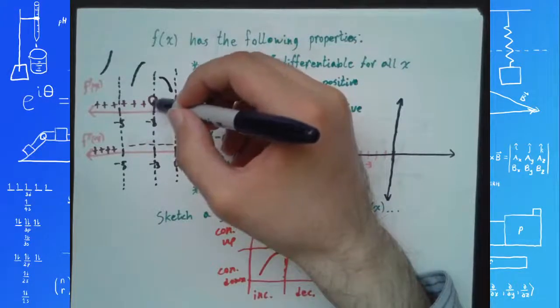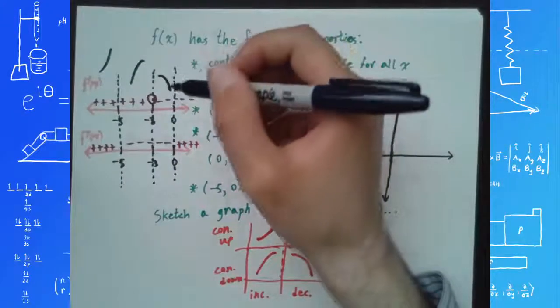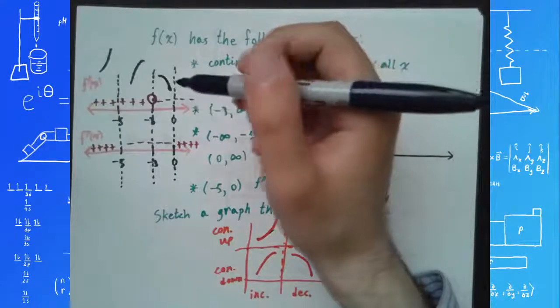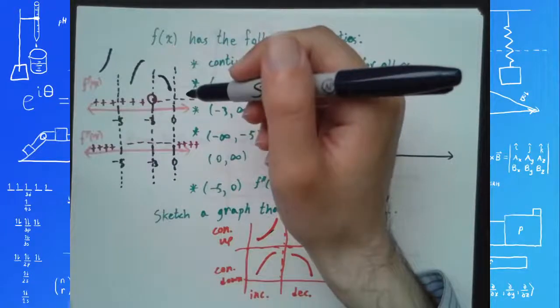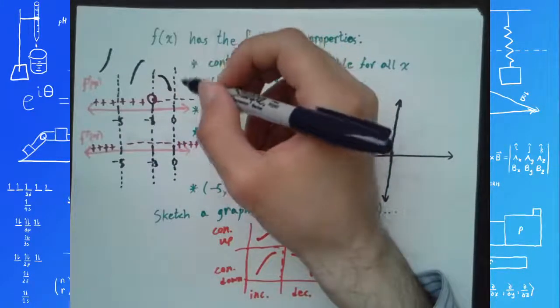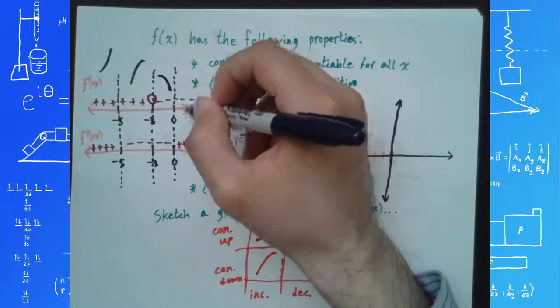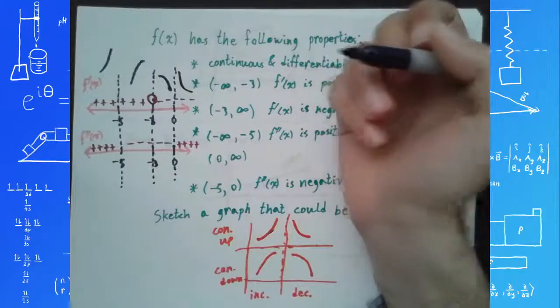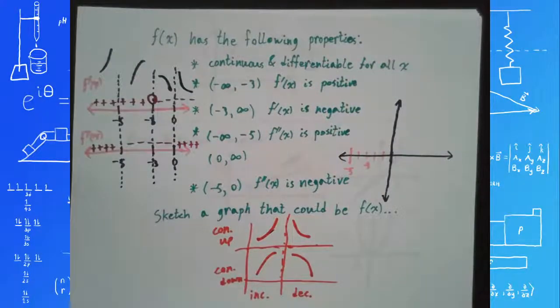We're supposed to be getting a maximum at -3, a relative maximum, maybe an absolute maximum. And at 0, it switches to decreasing concave up, which would look like this. Okay, so those are the 4 sections, what they're supposed to look like.